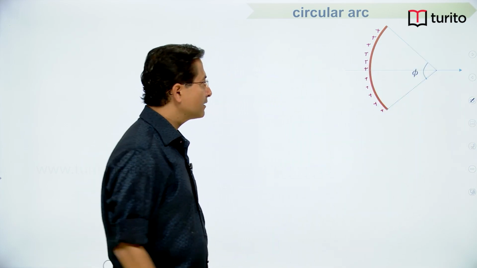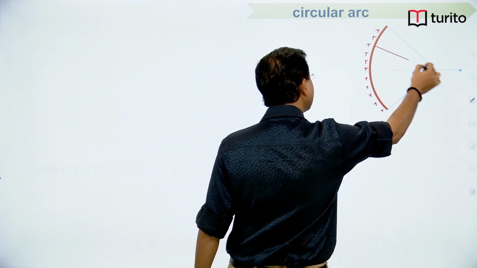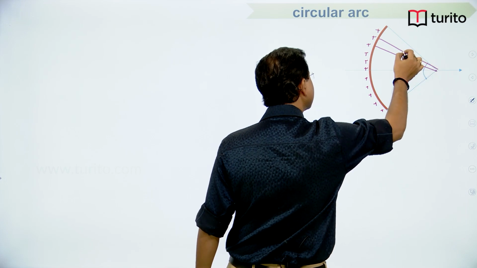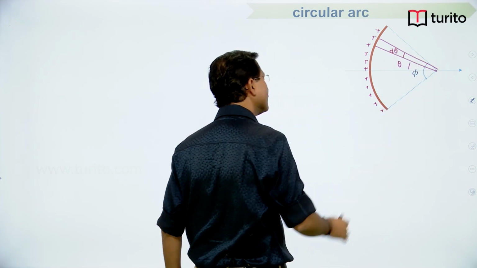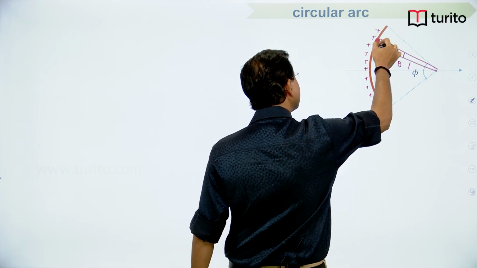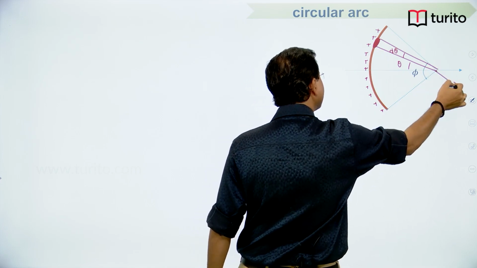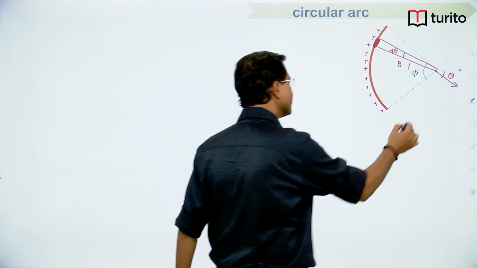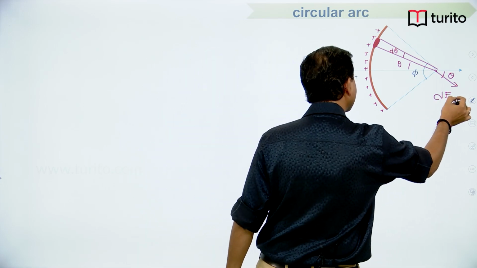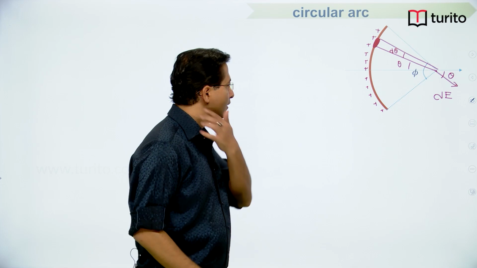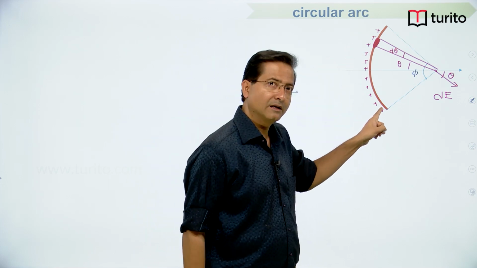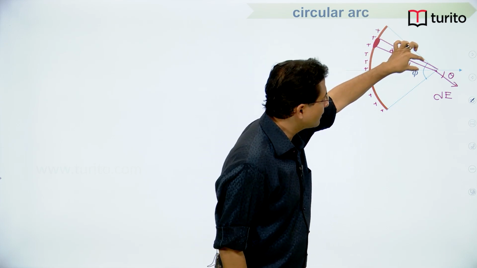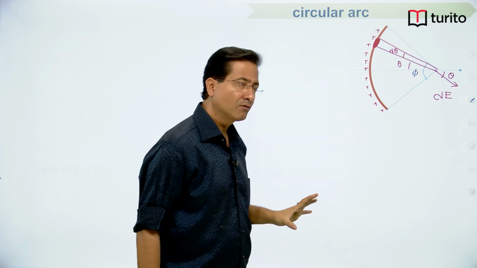The same procedure I can use. I can take an element at an angle theta which is subtending angle d theta here. So, this particular element will create the field in this direction, and this angle is theta, right. So, dE. This part is subtending angle phi at the center, half of that, this part is phi by 2 and this part is phi by 2.